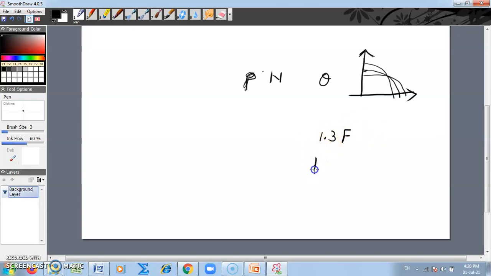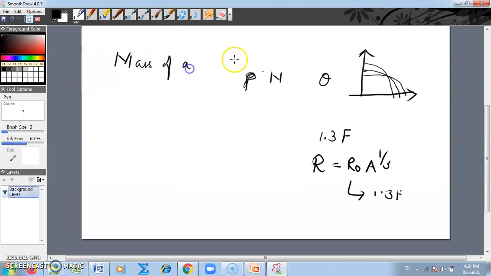So we have already seen that radius is equal to r naught A to the power 1 by 3, and we know what r naught is. It is 1.3 Fermi. Fermi is 10 to the power minus 15 meters. So this is what is done. And next, the remaining thing that we have to do is the mass of a nucleus.